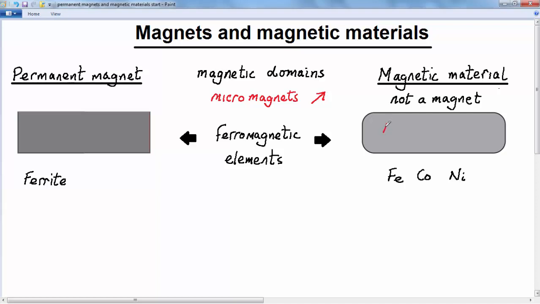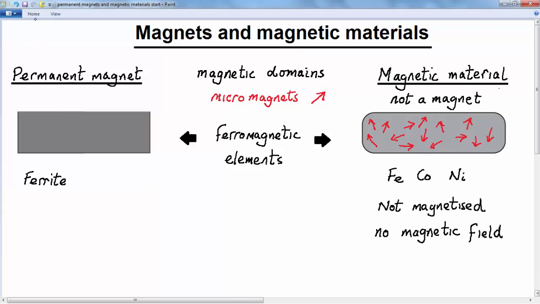Well, first of all, they're all jumbled up in all directions, randomly. So we've got different magnitudes and different directions, and the resulting magnetic field produced by all of these randomly orientated domains is that they all cancel out, and so the magnetic material is not magnetized, it has no magnetic field.